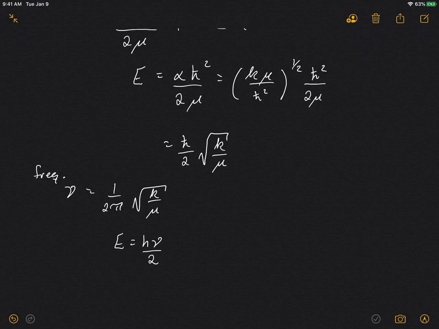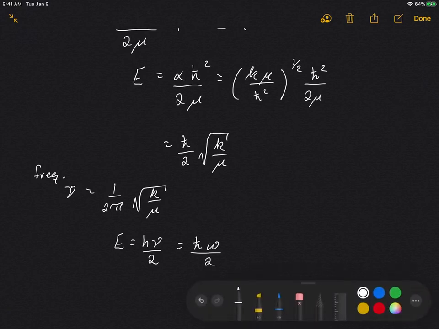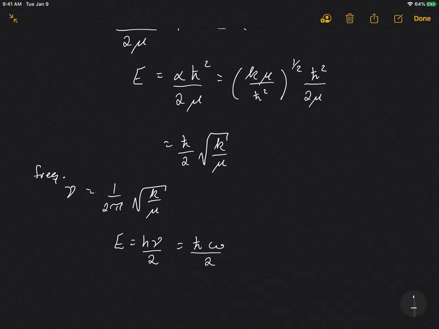Or we can also say that it's h bar omega over 2. It's supposed to be an omega. It looks a little bit more like an omega. Okay, lowercase omega.